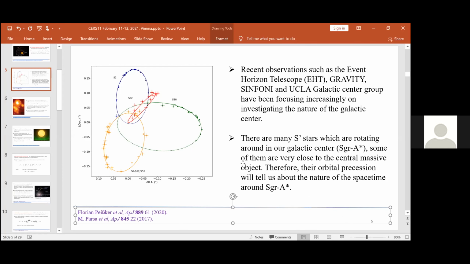These are the possibilities and predictions for the orbits, and there are many stars actually. So if some star can precess in the opposite, negative direction, then the black hole cannot explain this phenomenon. So there is the possibility of other orbits at the galactic center.